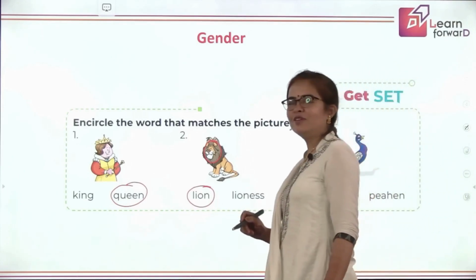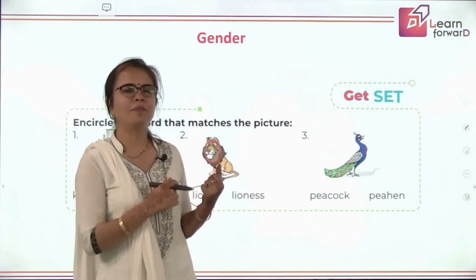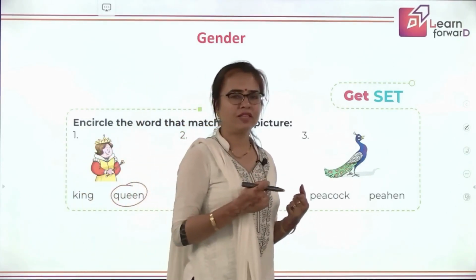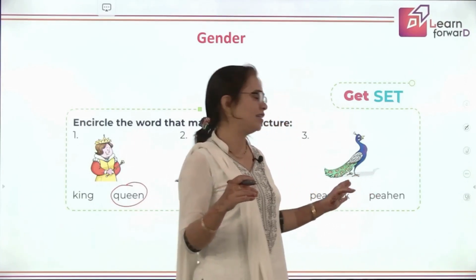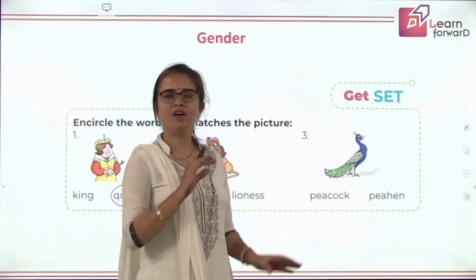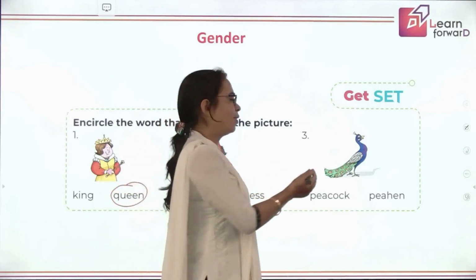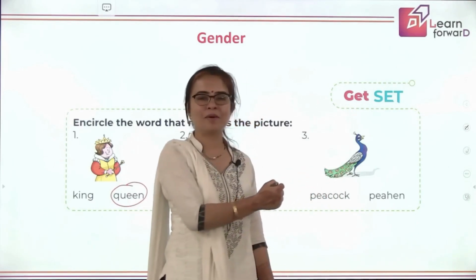Again confused? Because we usually say a peacock, a peacock, a peacock. A peacock dances in rain. It has got beautiful feathers, a long tail of beautiful feathers. So, you say this is a peacock. Never talked about peahen. It could be because a peahen is not as beautiful as a peacock.